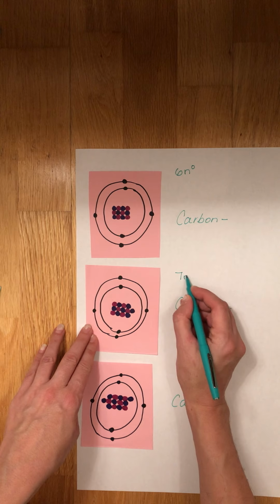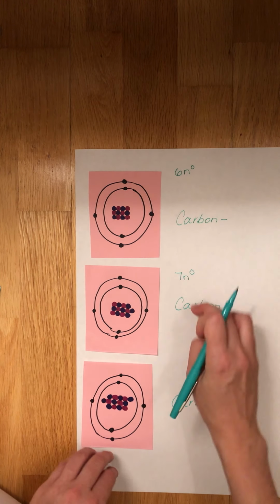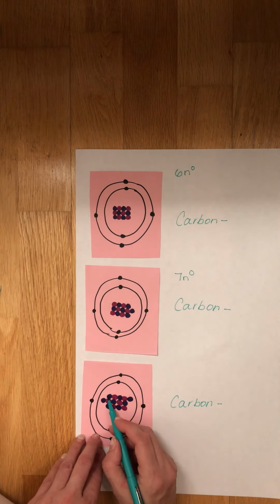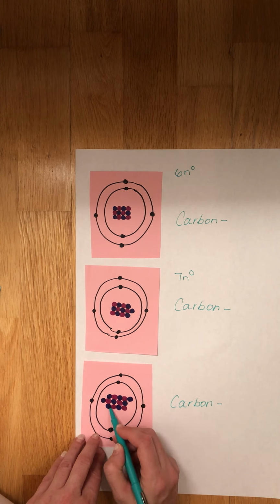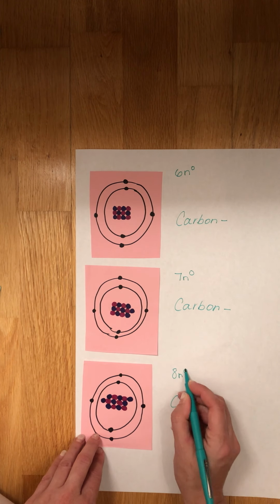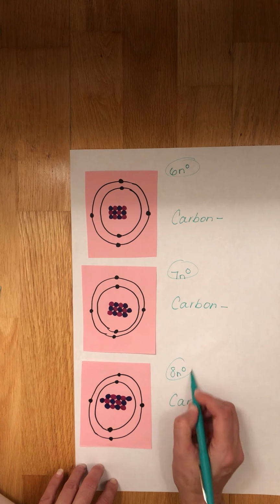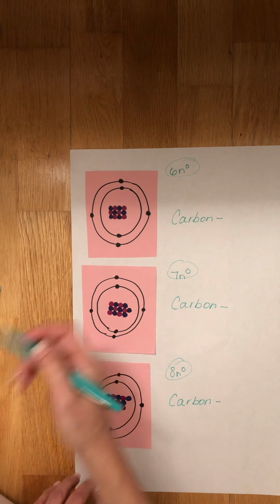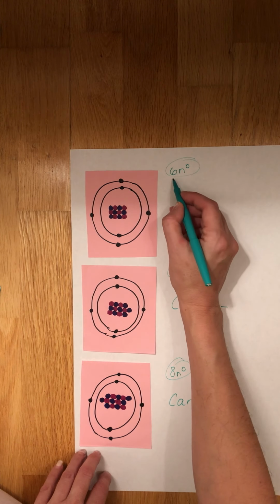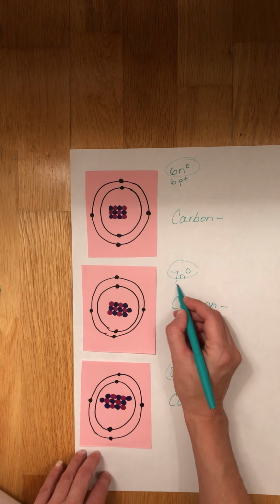Oh, 7 neutrons here. So definitely these are isotopes of each other. And then 1, 2, 3, 4, 5, 6, 7, 8 neutrons. So these are all isotopes of each other because I have different numbers of neutrons, but the same number of protons. Remember, 6 protons.